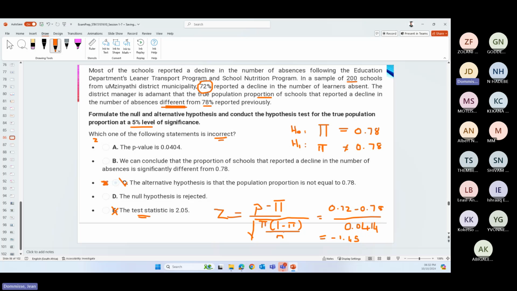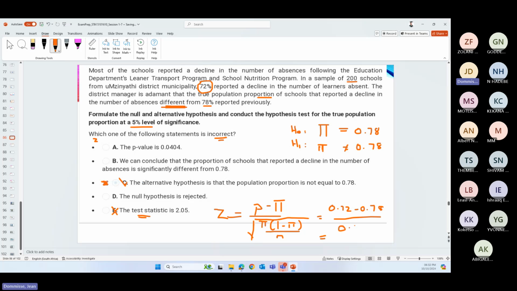So let me just quickly calculate that again. It just did not feel correct, so that's why. Oh, okay. I divided it by the wrong n. That is why.